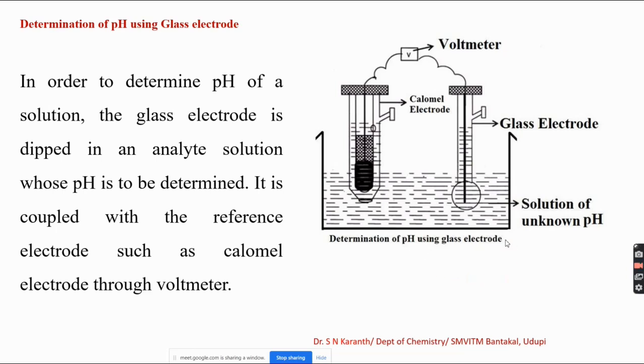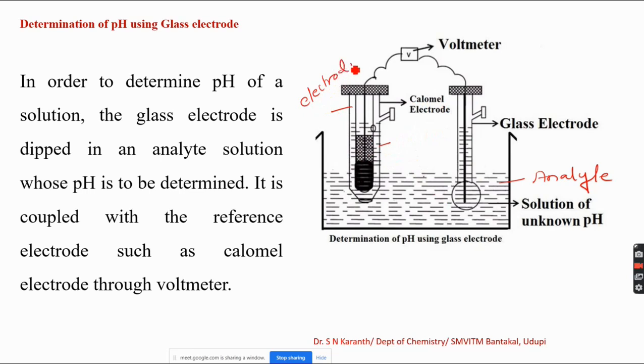Here, I just dipped a glass electrode in an analyte solution whose pH is to be determined, a solution of unknown pH. Then this electrode is coupled with a reference electrode such as the calomel electrode, because the calomel electrode potential is known.